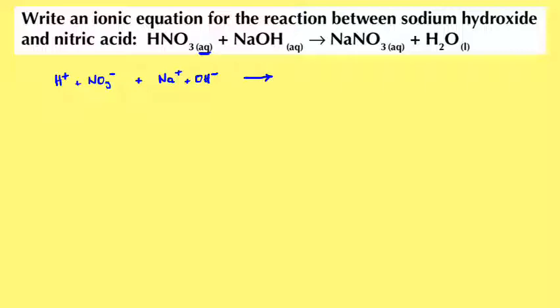They react and you get sodium nitrate, which is also aqueous, so we're going to have a sodium ion swimming around there, and we're going to have a nitrate ion also swimming around. And we're not going to split this because, as you know, a water molecule is a molecule, it's not ionic, and so we will leave that as H2O, liquid.